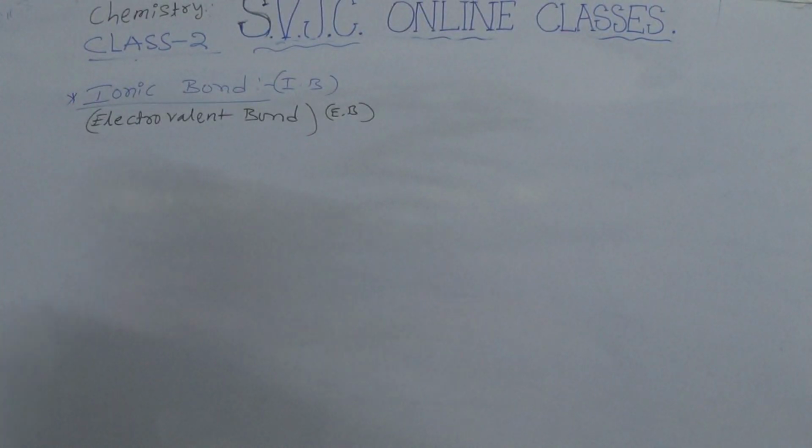Generally, an ionic bond is formed between two oppositely charged ions, that is cations and anions.